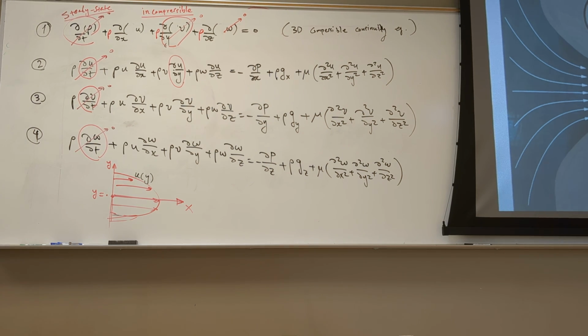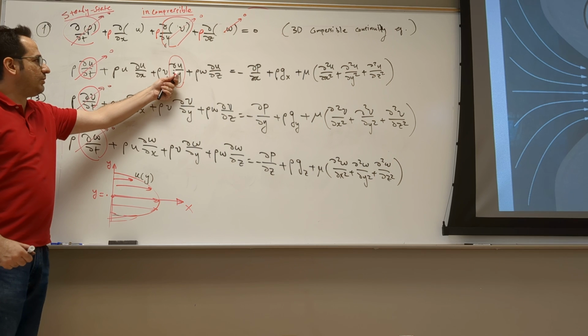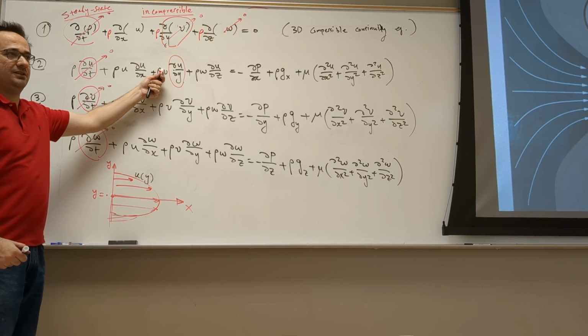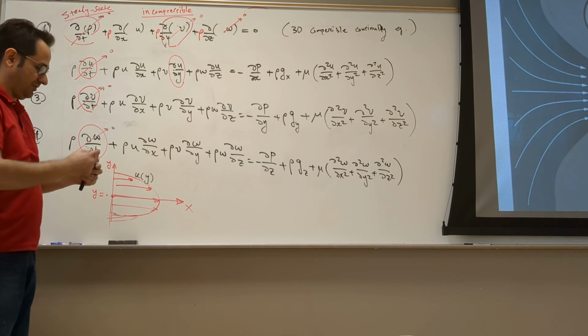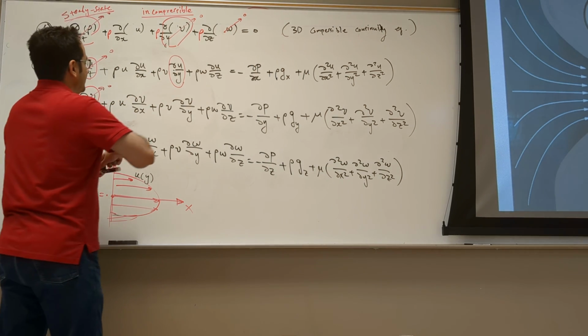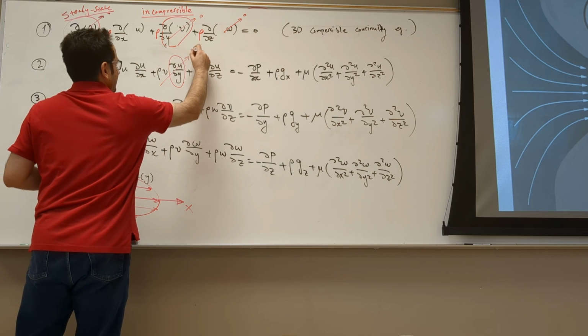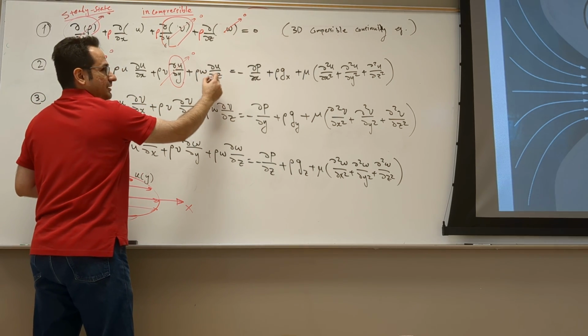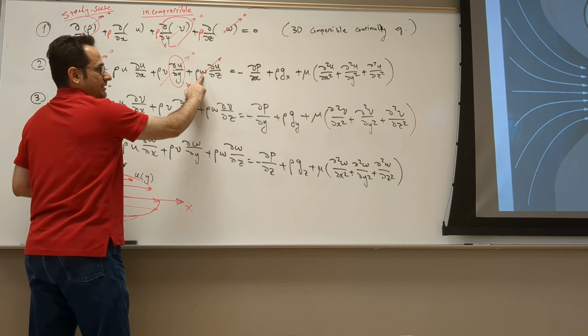No, this is a number. But look, this is multiplied by V. V is zero, so V times that, whatever it is, is zero. So this entire thing is zero. What about this? Zero, because W is zero.